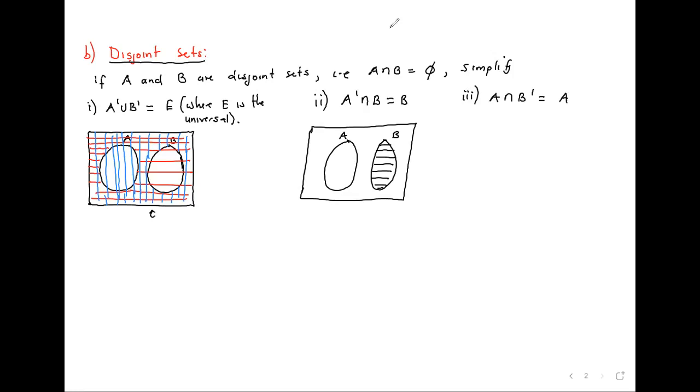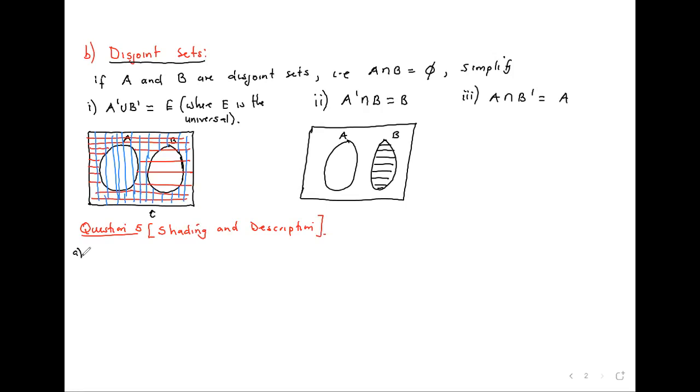Then we have question 5. Shading and description. Part 1, which is A. Our job here is to use set notation to describe what has been shaded.